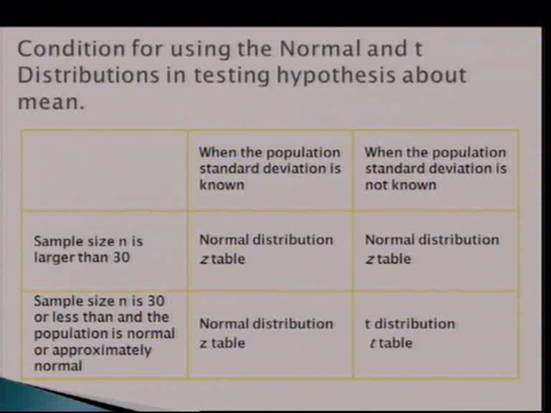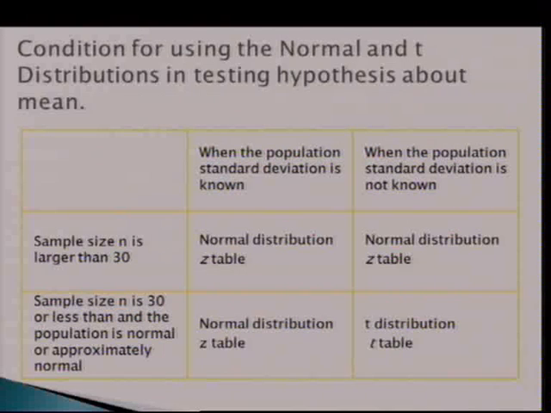Now, when to go for a normal distribution or T distribution? Now the test can be using the Z table or a T table. This we have summarized in a matrix. In the columns we have, first, when the population standard deviation is known, and second, when the population standard deviation is not known to us.